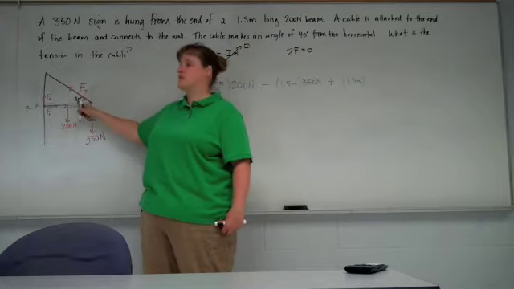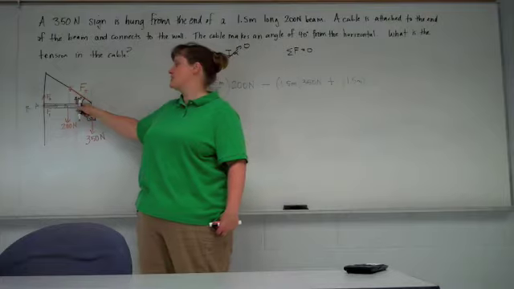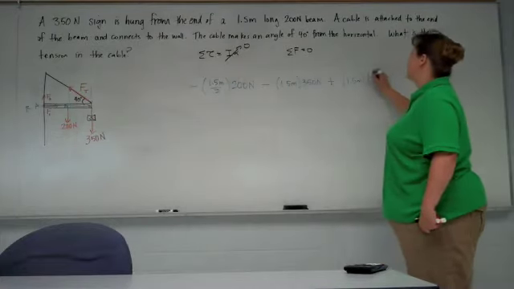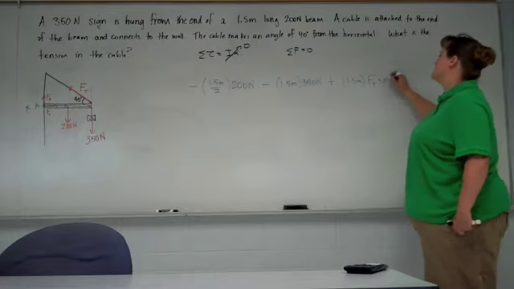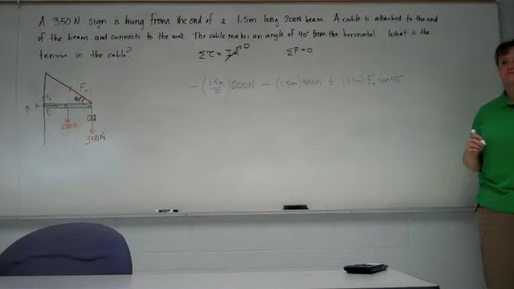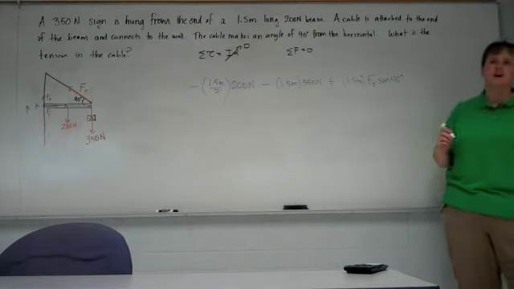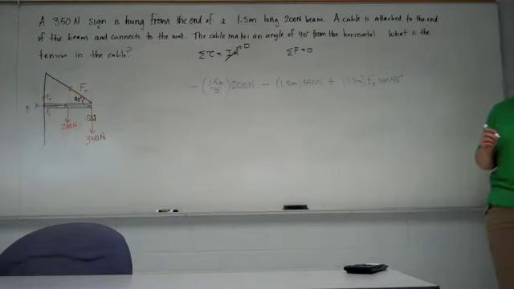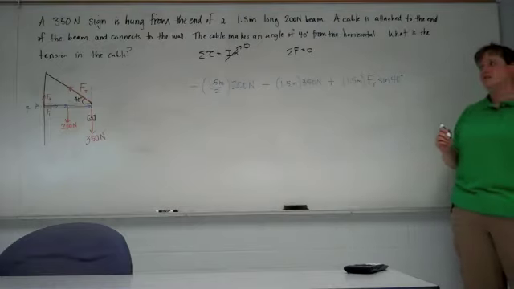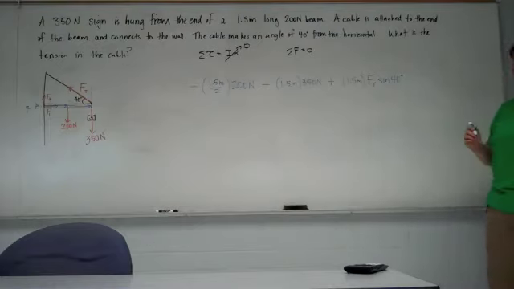Right, sine of 40. So force of tension sine 40 gives us the perpendicular piece. It's only the perpendicular component that's causing the torque. Force of tension has a component that's parallel, but it doesn't produce a torque.